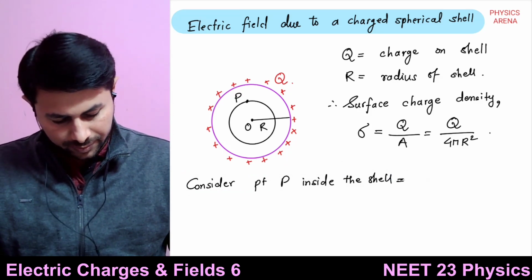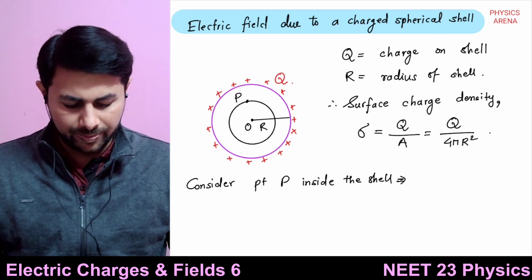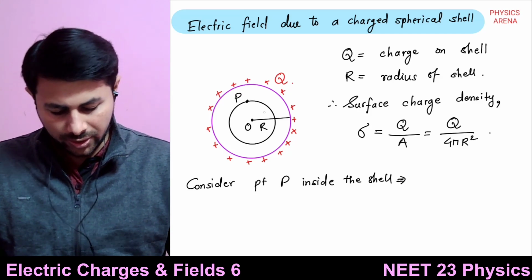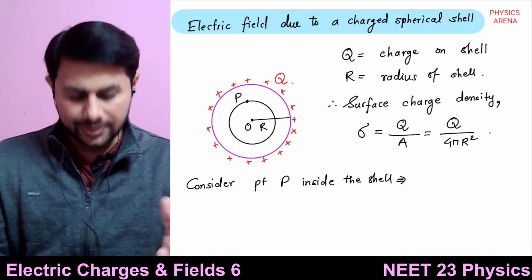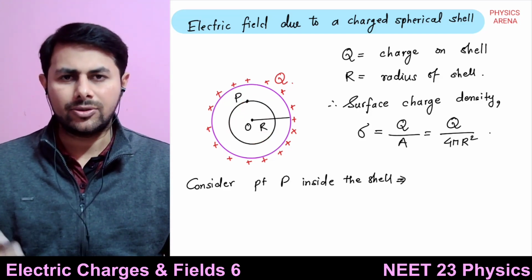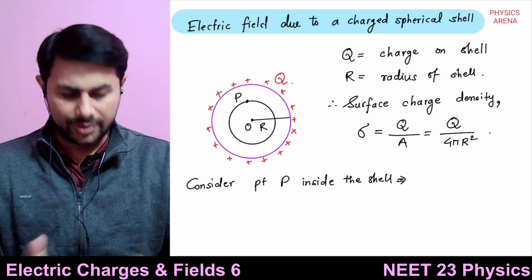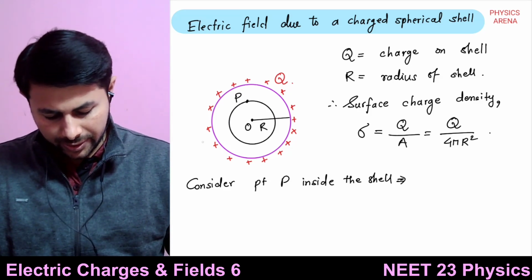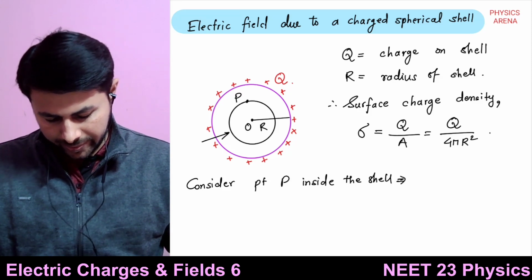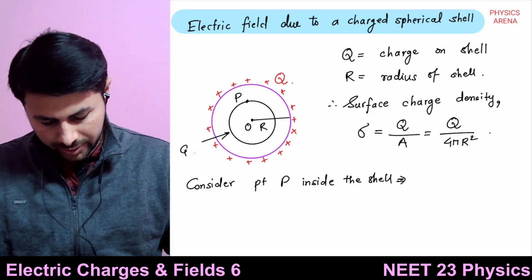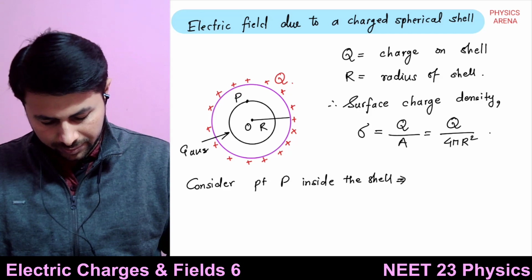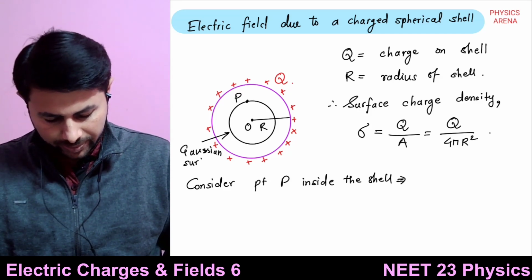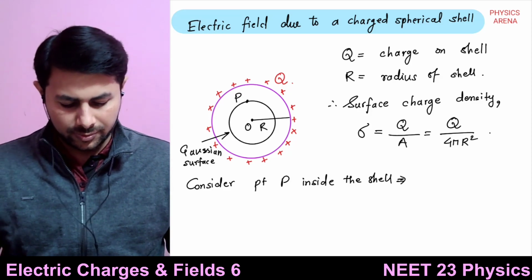So for this point P, if we consider a Gaussian surface that I have already drawn, so considering the symmetry of the problem, Gaussian surface would be a sphere only, right? So I have already drawn the Gaussian sphere. This is Gaussian sphere or Gaussian surface.